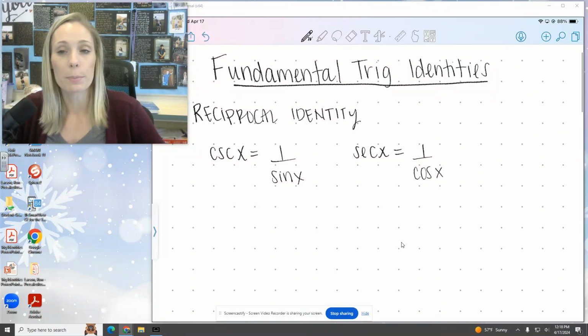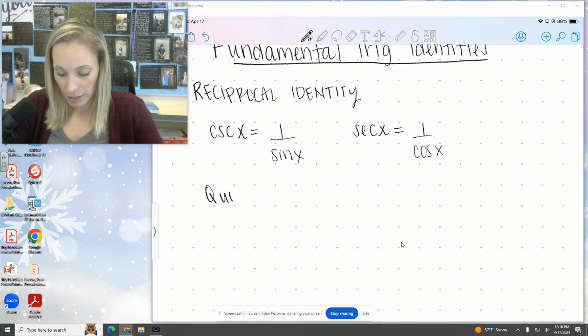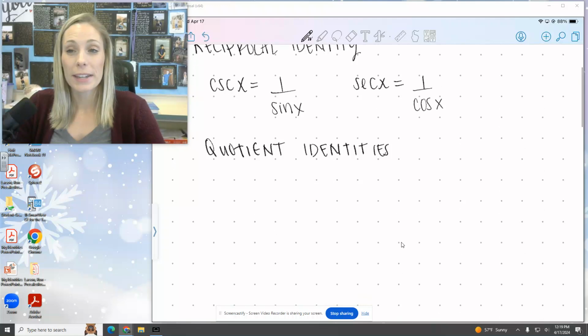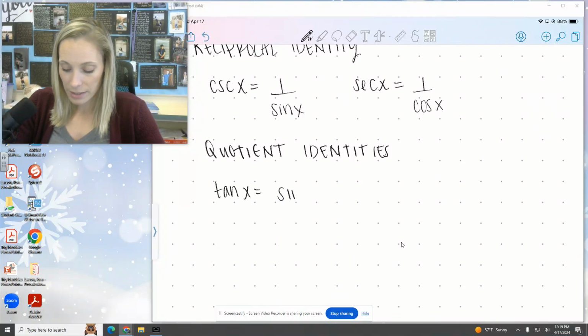So those are the reciprocal identities. Now, my favorite identities are the quotient identities. The quotient identities tell us about tangent and cotangent. So tangent is the same thing as sine divided by cosine.